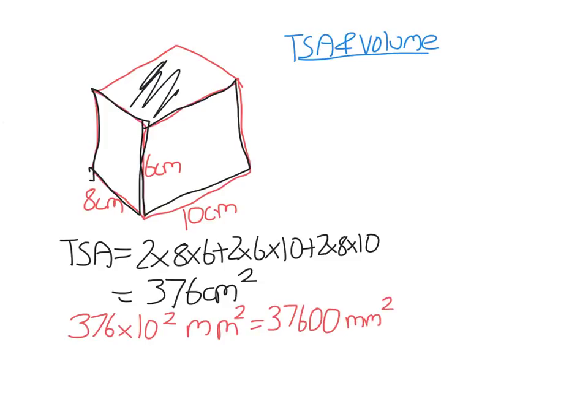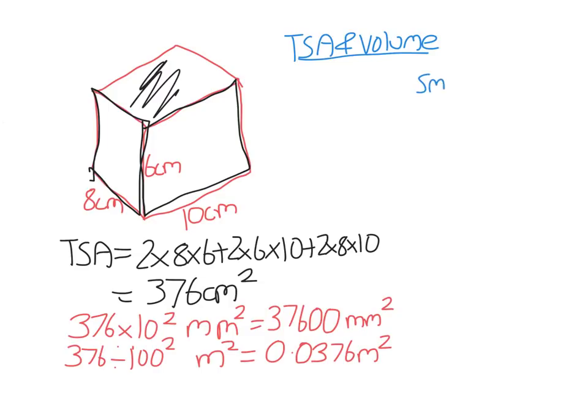If I wanted to make this into meters squared, so normally to go from centimeters to meters, I divide by 100 to get it into meters, but because I'm converting square units, I have to square the conversion factor, so it'll be 376 divided by 100 squared, which gives me 0.0376 meters squared, okay?